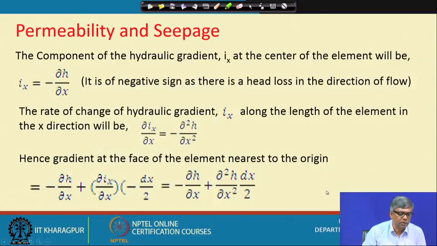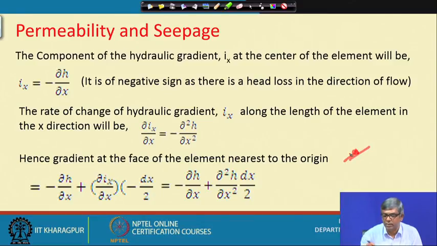When this flow is taking place, in the x direction, we can say the hydraulic gradient has three components, i_x, i_y and i_z, at the center of the element. If this is the midpoint and the length is dx, then this side is dx by 2 and this side is dx by 2.